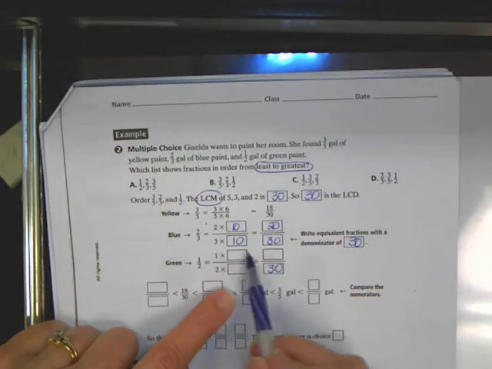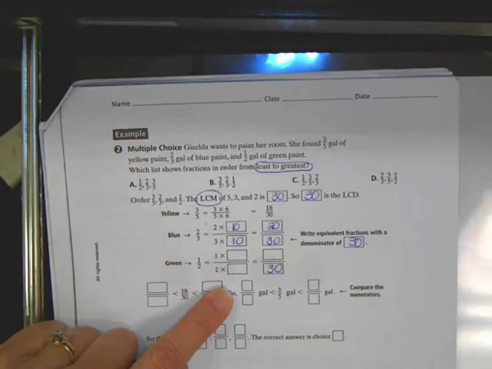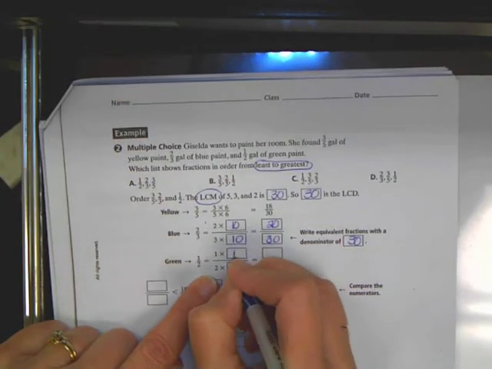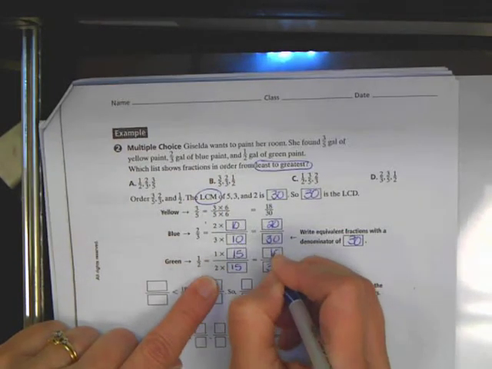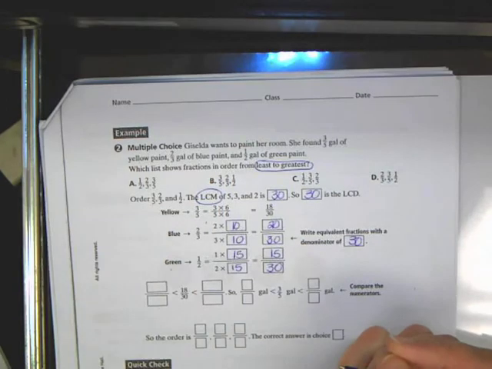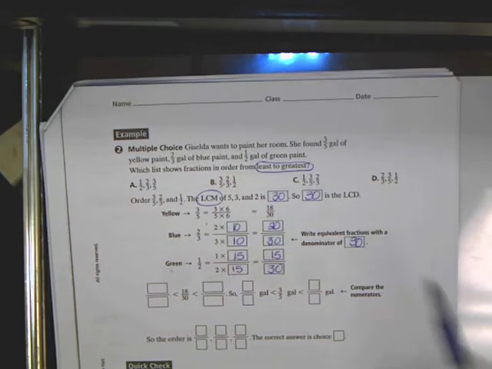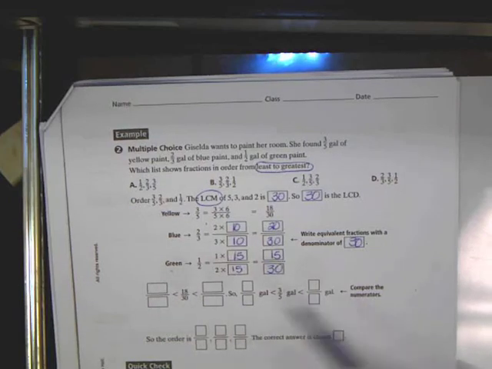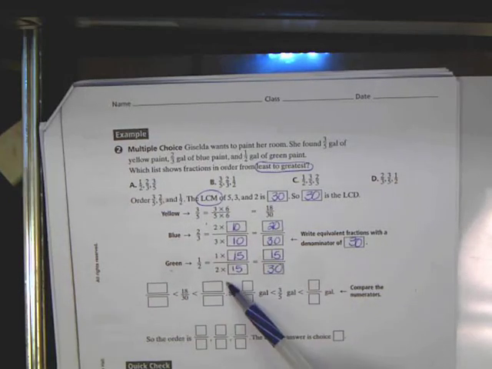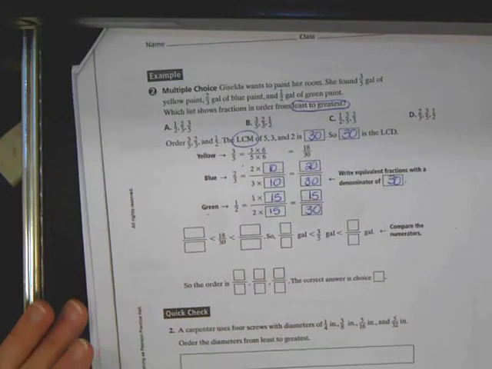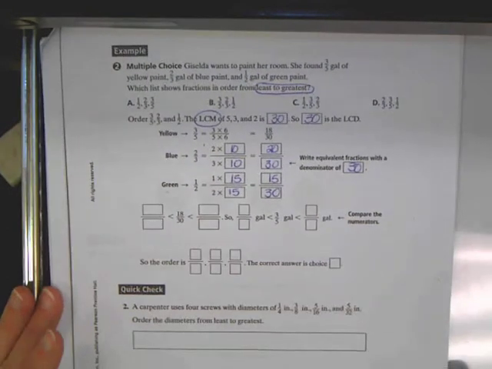It's the one that determines how I actually do my conversion. 2 times 15 is 30, so 1 times 15 is 15. At this point, you can just compare numerators. You might not always want to write this out so elaborately because you can probably do some of it in your head, but I'll fill it in here.